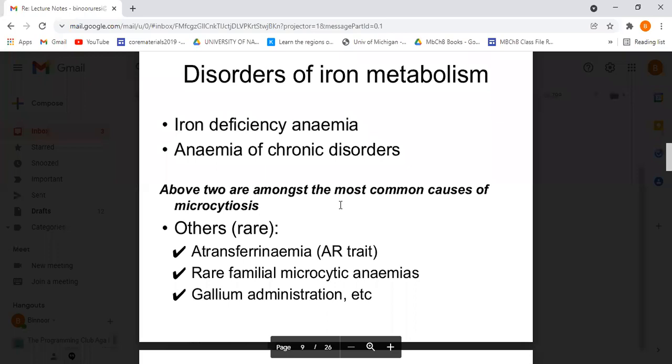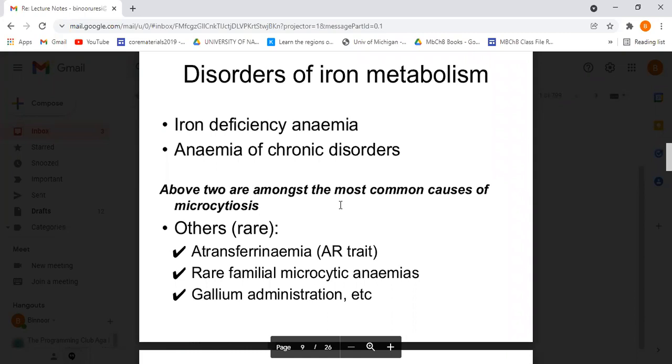to cause this? So you can either have iron deficiency anemias, which means you are not having enough iron in your diet. We shall be talking later about how you get iron, how you eat iron in your food, either from the vegetables or from the meat products.